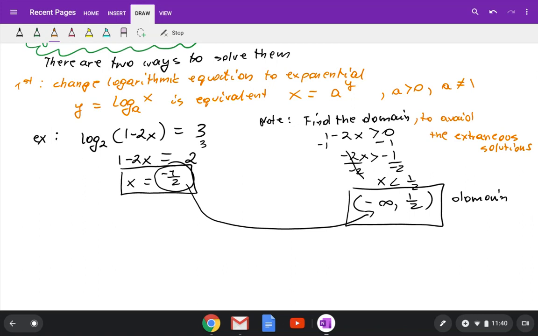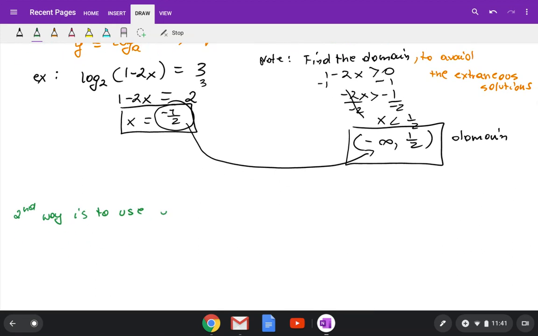And the second way of solving a logarithmic equation is to use the one-to-one property, since the logarithmic function is one-to-one.